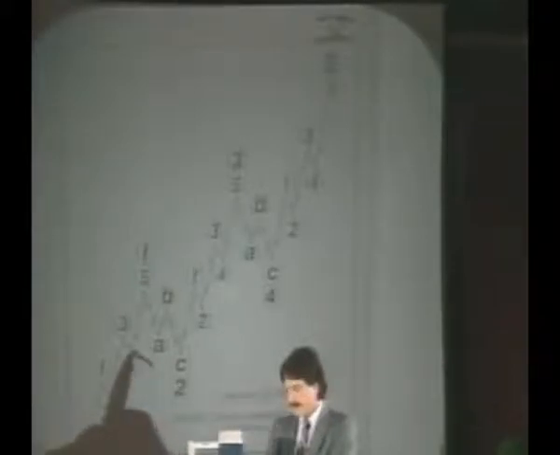So if we were to draw a map of where the dollar is in terms of the idealized Elliott wave structure, at this point we would now be in intermediate wave 4 of primary wave 1.